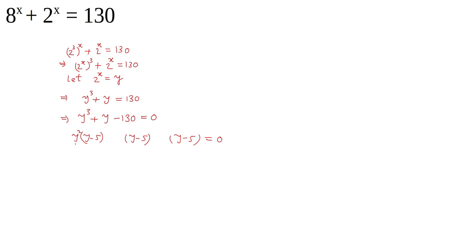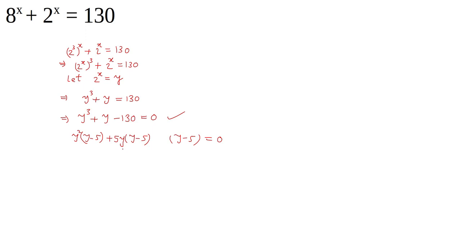In the above equation there is no term of y square, so this minus 5y square should get cancelled. So you write here plus 5y, because when this 5y is multiplied with y, it will be plus 5y square, and this plus 5y square will cancel with the minus 5y square.